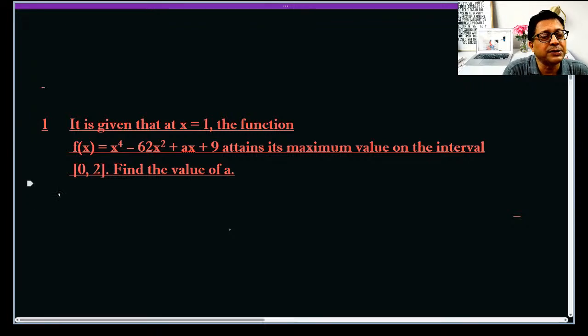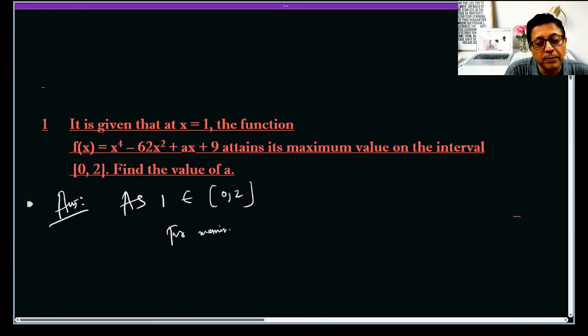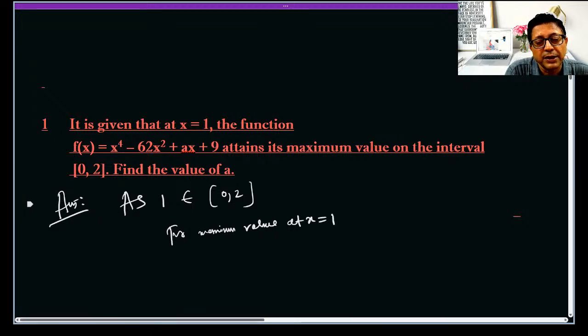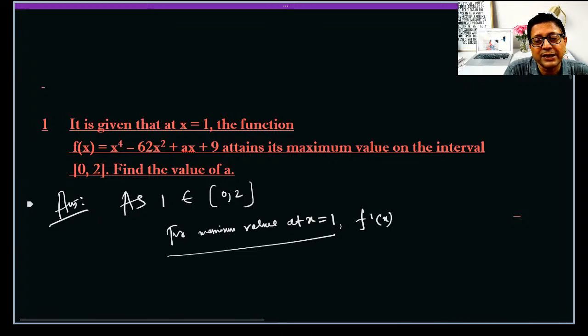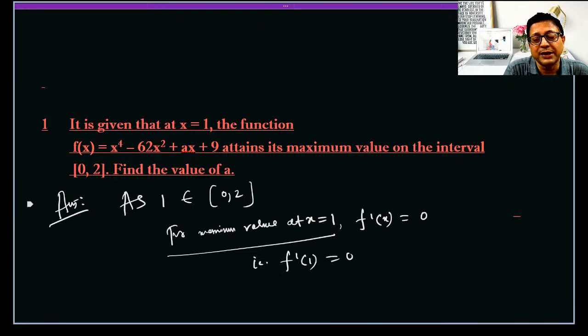Because 1 is a point, as 1 belongs to 0 2, so we don't hesitate to use this information that for maximum value at x equal to 1, f dash x must be 0. That is f dash 1 equal to 0.